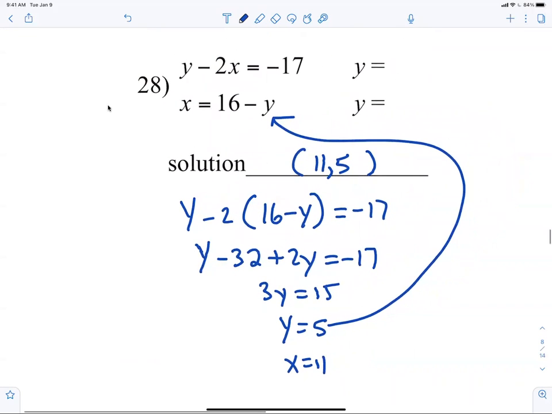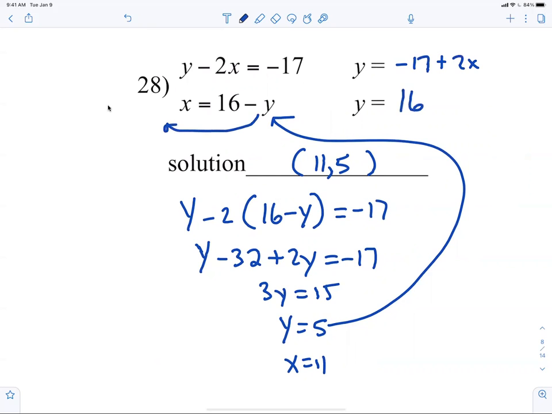Now this is the one I want to show you because the point is outside the window. The first one is y equals negative 17 plus 2x. Everybody okay with that? And the second one, I don't like the y being negative, so I move that over.